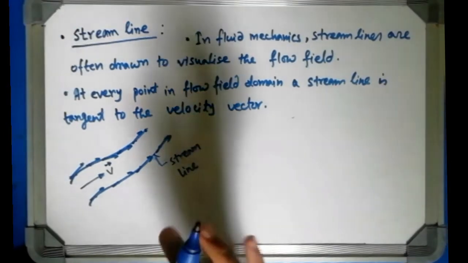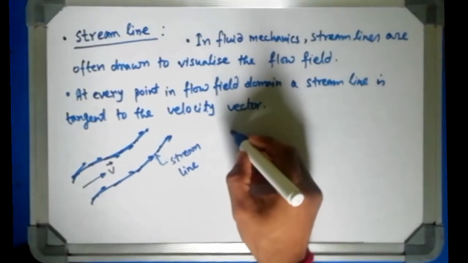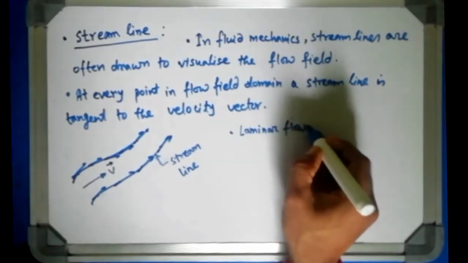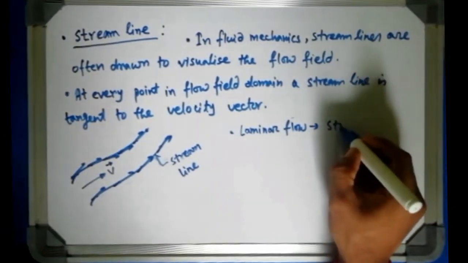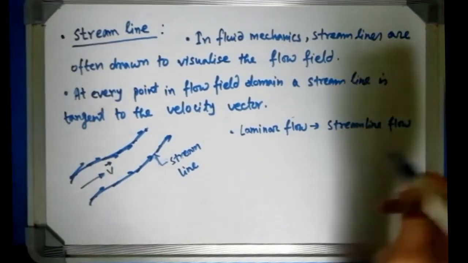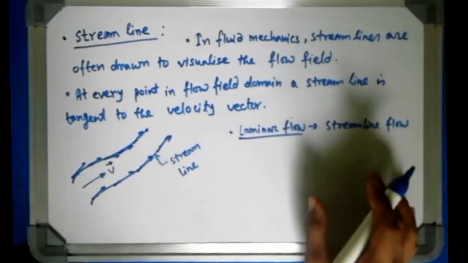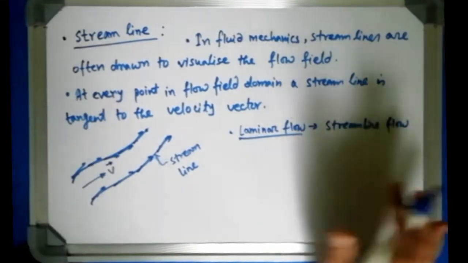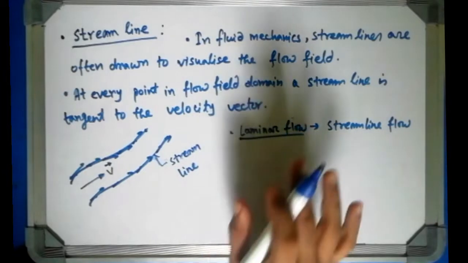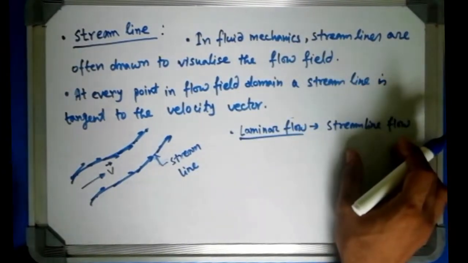Okay, in laminar flow, we sometimes say that laminar flow is termed as streamline flow. That means the velocity, pressure and other flow parameters at each point in the fluid domain remain constant. Again repeating, why do we say laminar flow is a streamline flow?